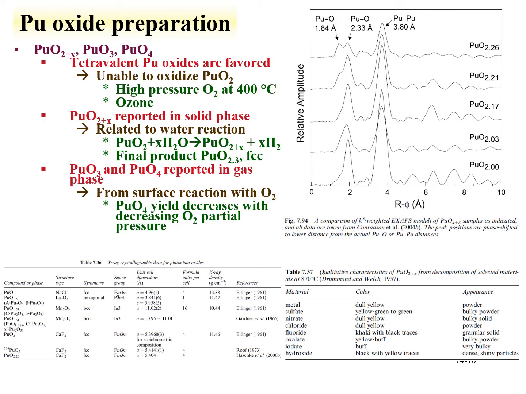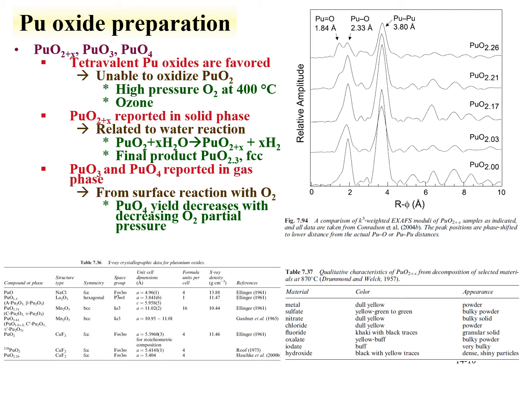Other plutonium oxides include the hyperstoichiometric PuO2+x, and other oxidized oxides, so PuO3, PuO4. Tetravalent plutonium oxides tend to be favored. Often you're unable to oxidize the dioxide even at high pressure oxygen at 400 degrees or in ozone. However, PuO2+x has been reported in the solid phase.